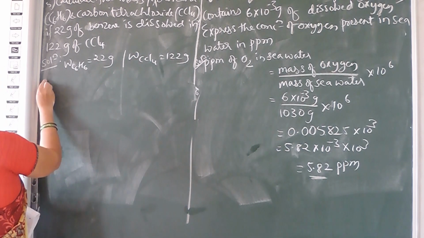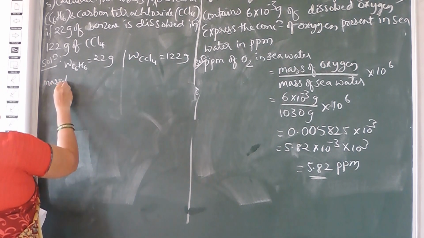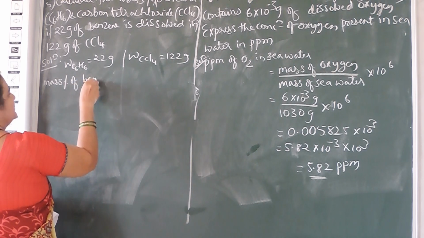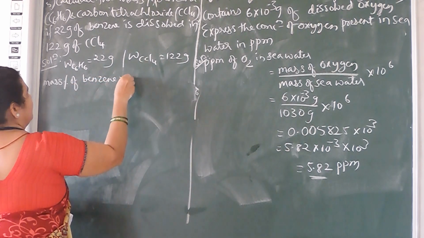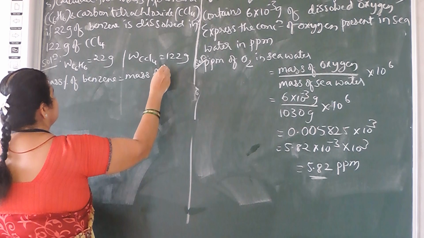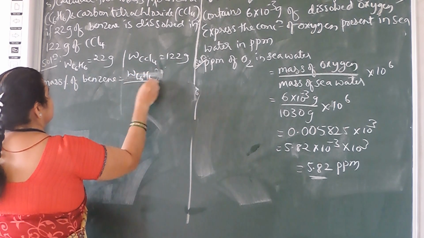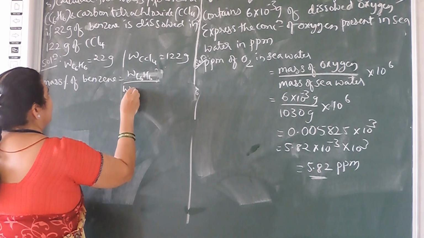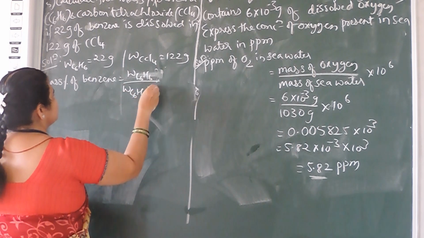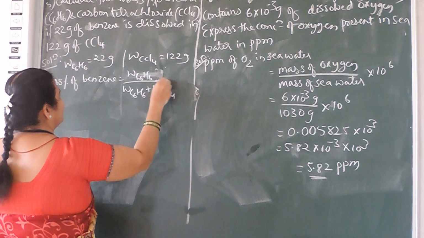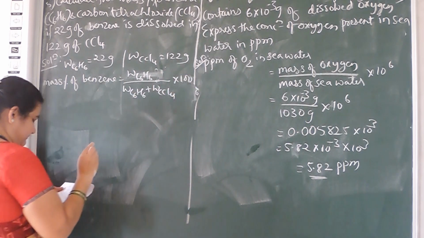So mass percentage of benzene is equal to mass of benzene divided by mass of benzene plus mass of CCl4 into 100.